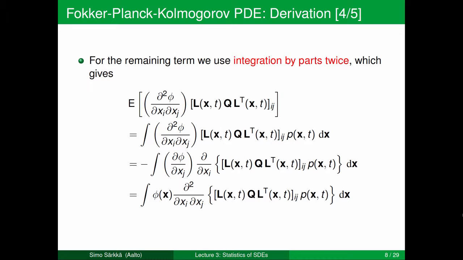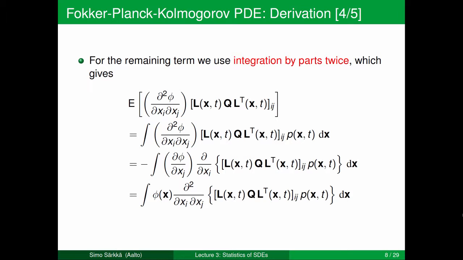And now we can use the integration by parts formula for the partial derivative with respect to xi. So we will take it away from phi and move it to the term LQ, L transpose times p. And then we add a minus. So we will get this kind of expression over here.